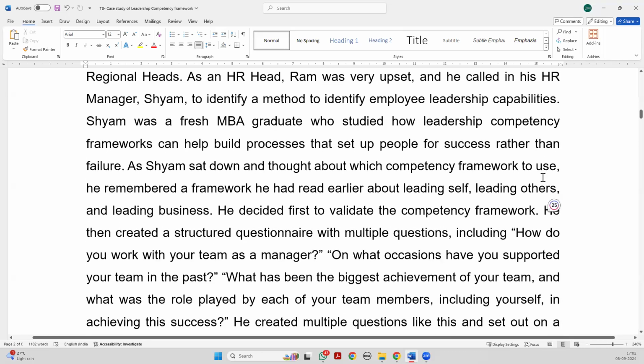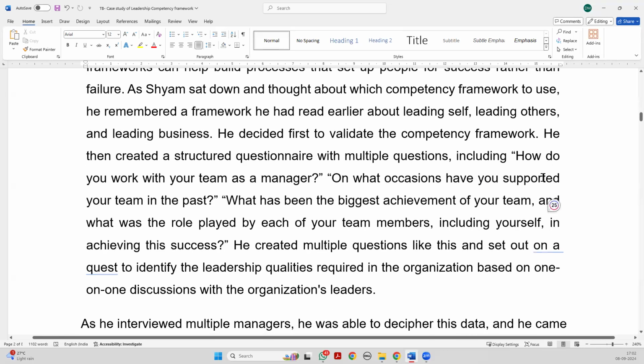He decided first to validate the competency framework. He then created a structured questionnaire with multiple questions, including how do you work with your team as a manager? On what occasions have you supported your team in the past? What has been the biggest achievement of your team? And what was the role played by each of your team members, including yourself, in achieving this success? He created multiple questions like this and set out to identify the leadership qualities required in the organization based on one-on-one discussion with the organization's leaders.